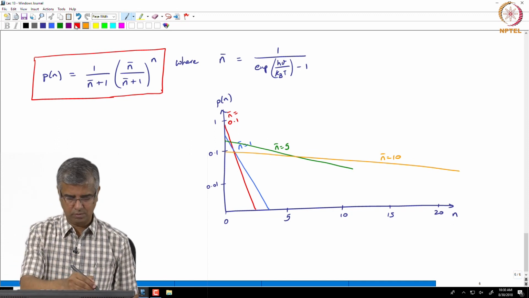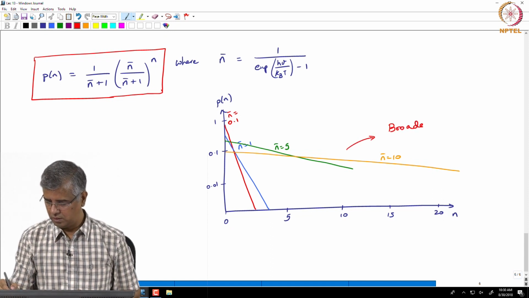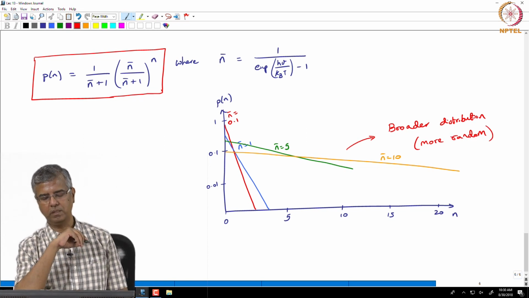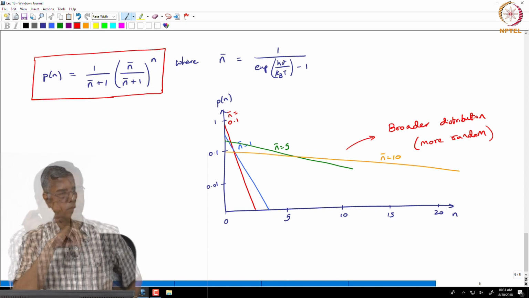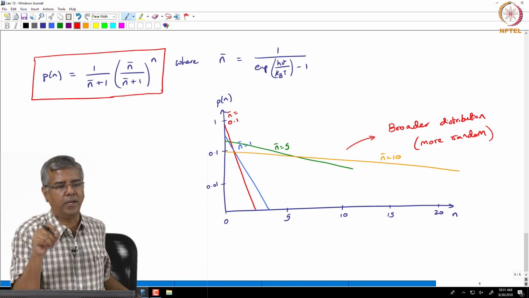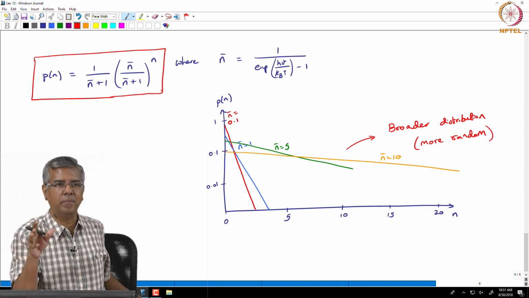So the key point is there's a broader distribution, or in another case more random emission is what we are talking about. So what we are saying is that emission, first of all, you cannot say at this point this many photons are getting emitted, right.